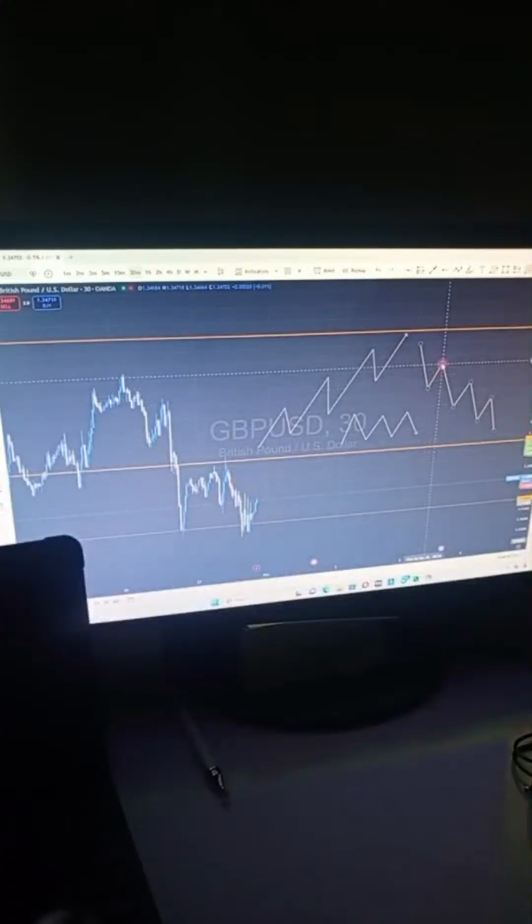This short move is what we call a pullback, and this long move is what we call the impulsive move. And this is the main move. So you always try to catch the main move and forget about these little pullbacks.